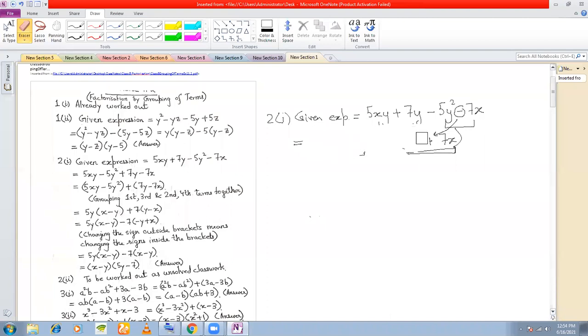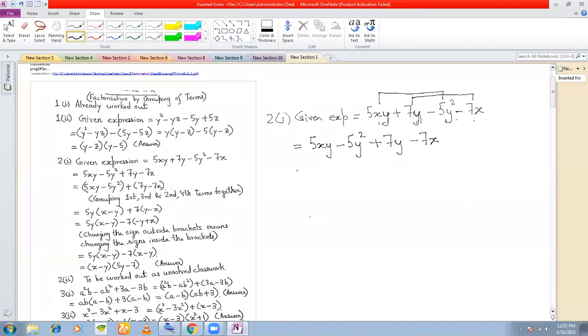So in this, we have grouped the first and the second together. This time what we'll do is we'll group the first and the third together. So we take the first and the third together, 5xy minus 5y square, and we take the second and the fourth together, plus 7y minus 7x.